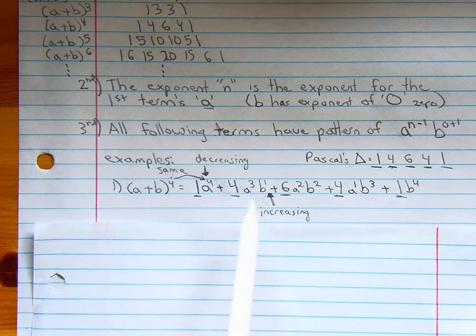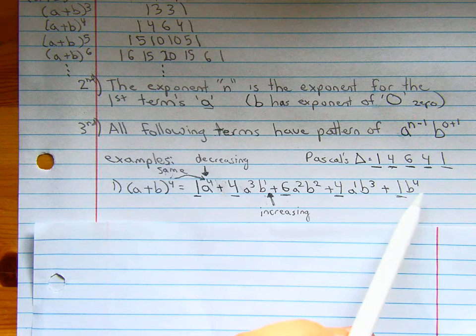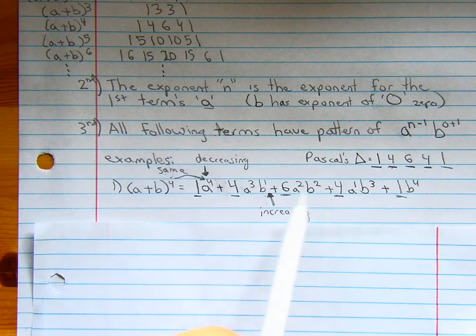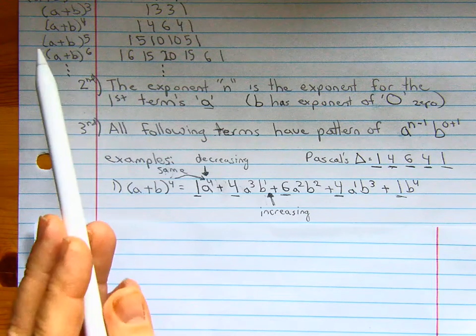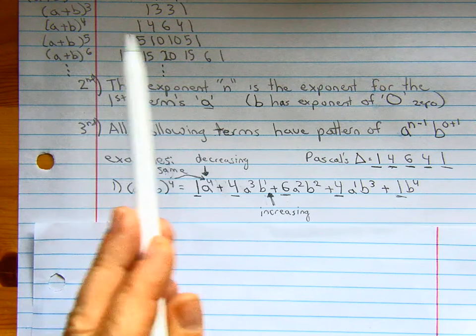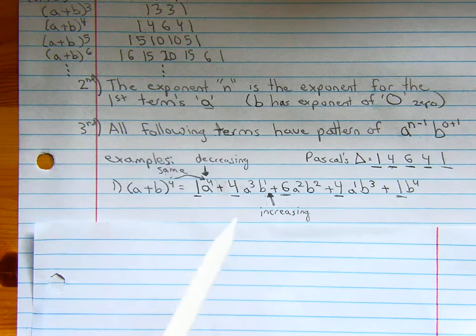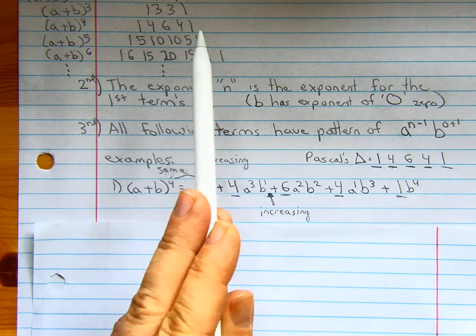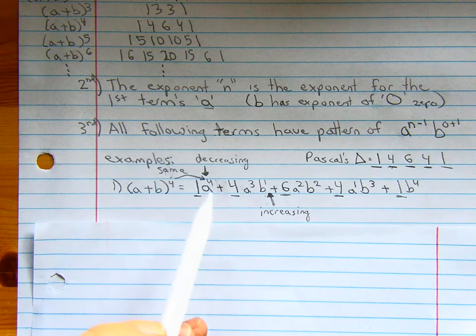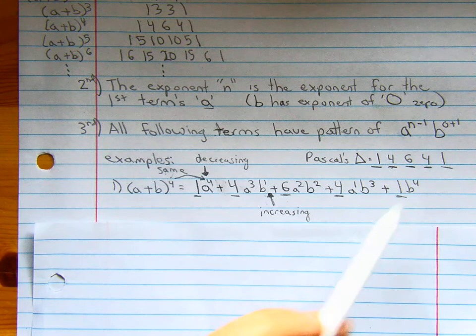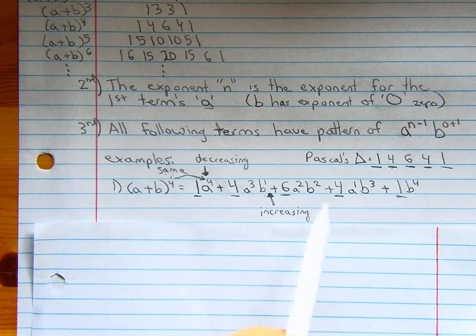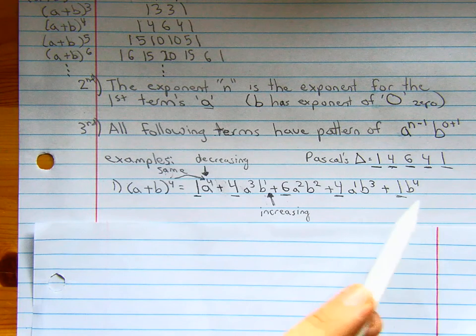B, on the other hand, is going to be b^1, b^2, b^3, and b^4, and increase for the duration. And that's it. You don't have to do any actual multiplications. You do not have to write this out and multiply, multiply, multiply. You can just say, there's my coefficients. Here's my exponent of my a, decrease it each term, and b increases each term, and I'm done.